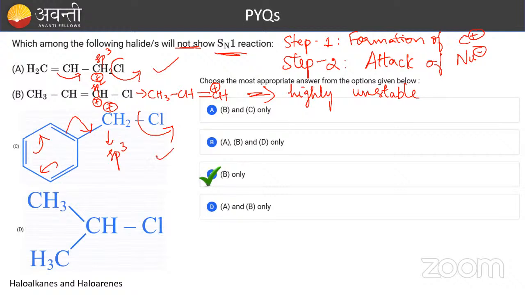When you come to compound D, we get a carbocation here and this carbon also has only single bonds around it, which is an sp3 hybridized carbon. So SN1 will occur in compound D also. So compound B is the only compound which will not show SN1 because of this reason.